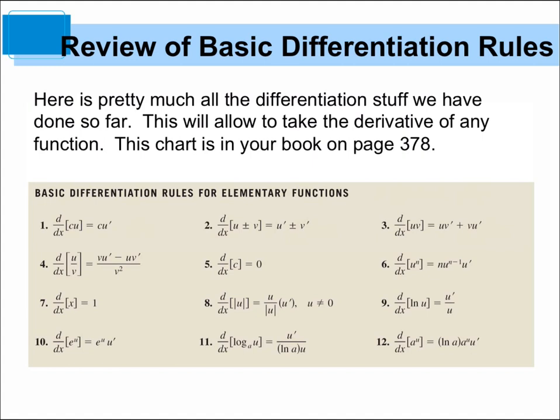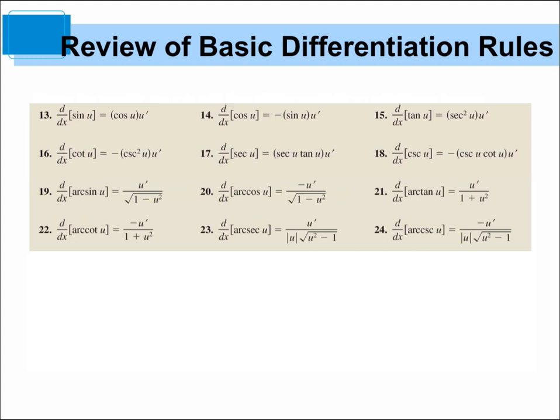The first 7 is stuff we've been doing since September. I don't know if you saw it when I flipped before, but 13 through 24, all the trig stuff. 19 through 24 are all the ones we just did today. 13 through 18, some of those we've been doing for quite a while, some of them are fairly new.